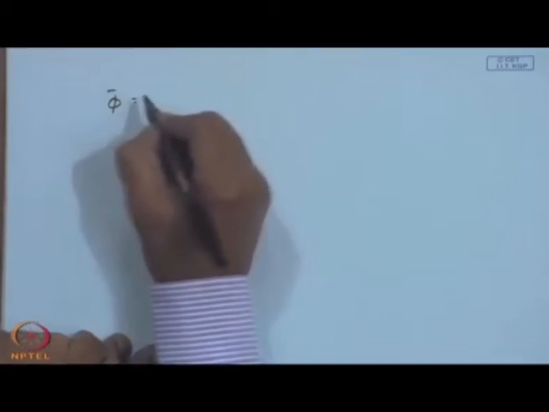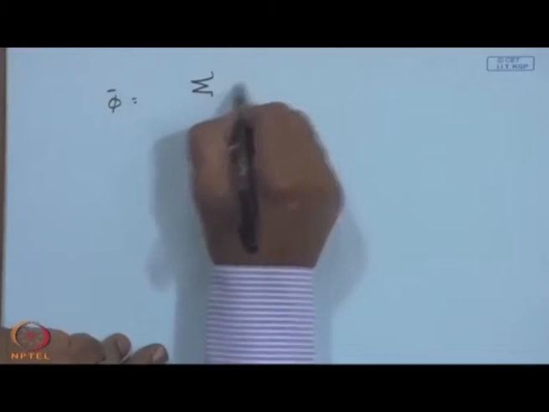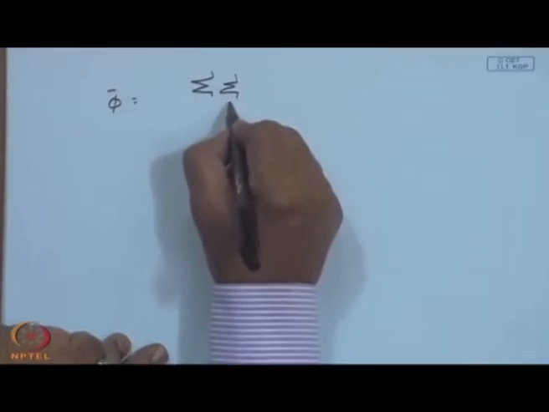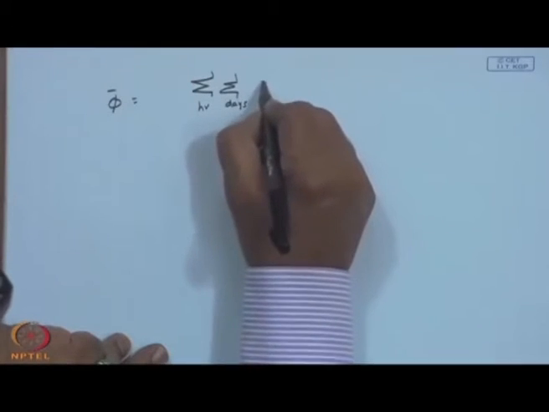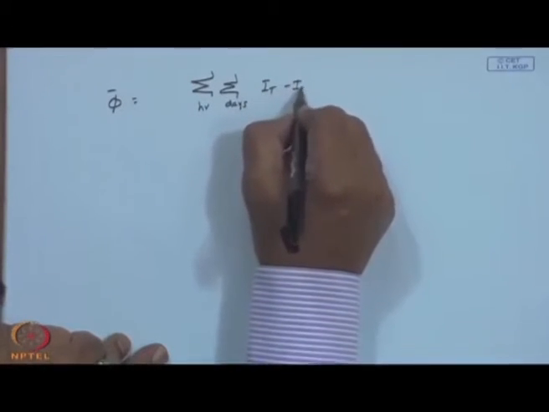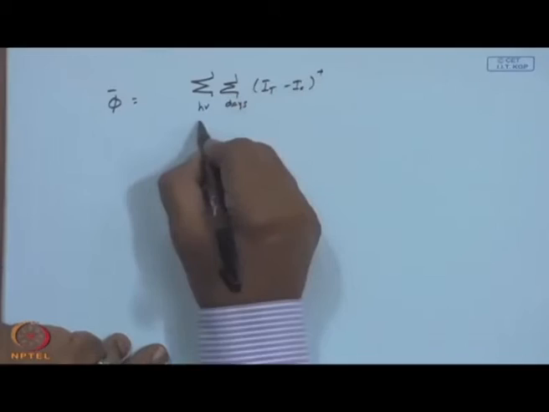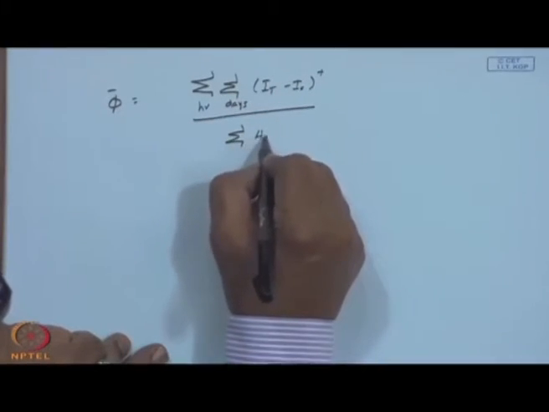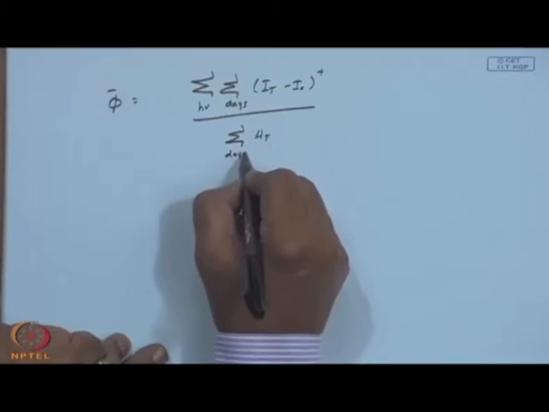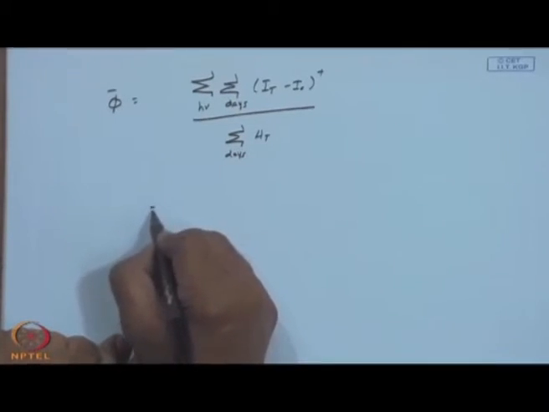So, the same phi bar can be rewritten as the sum over the days and the hours of (It minus Ic)+ by the sum of Ht over the days, which is also equal to the expression above.